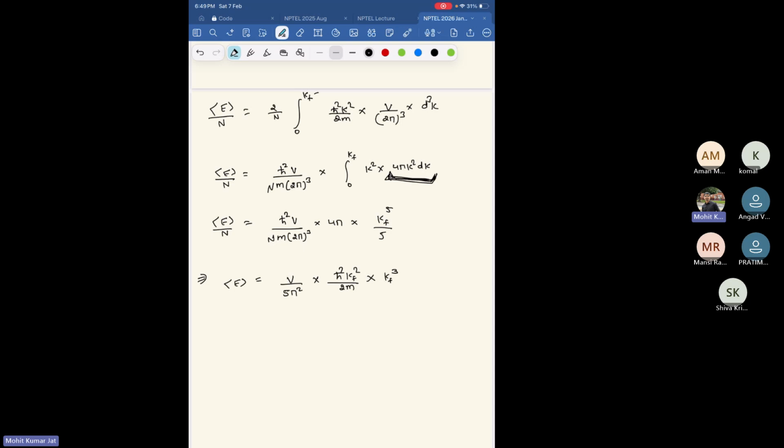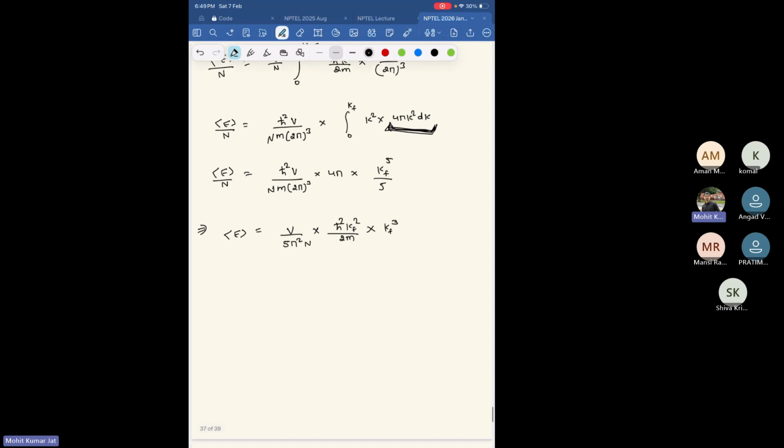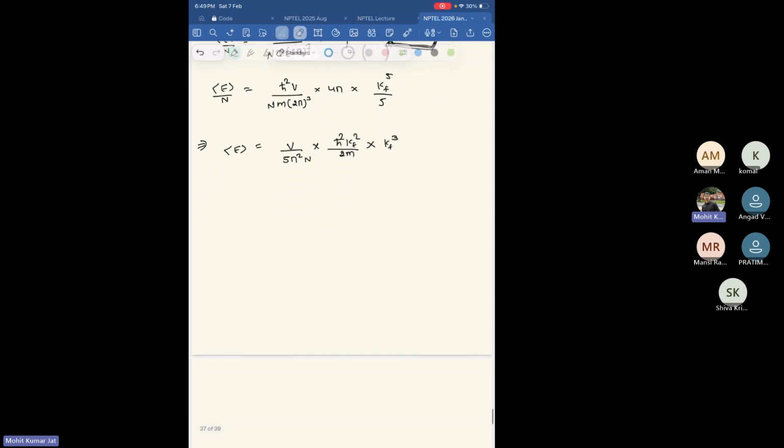Okay, Mansi is saying that the volume of the Fermi sphere is defined in such a way. Okay, but that's what I'm asking: why is it defined like this? Why not something else? How will you justify this argument?